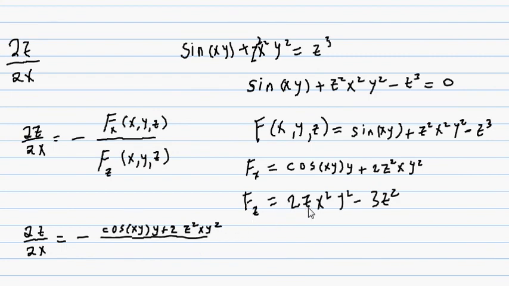And then we have 2z x squared y squared minus 3z squared. Now the partial of f in respect to z is right here. It is actually 2z x squared y squared minus 3z squared.